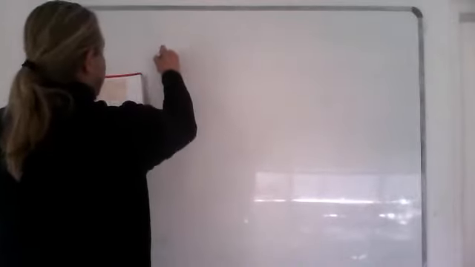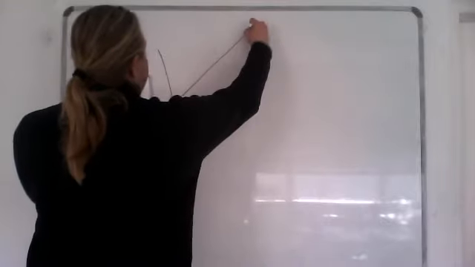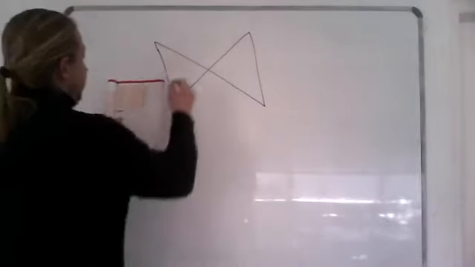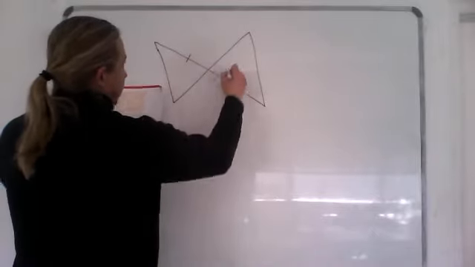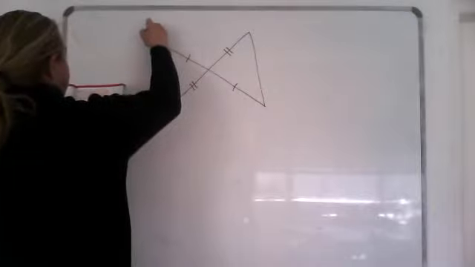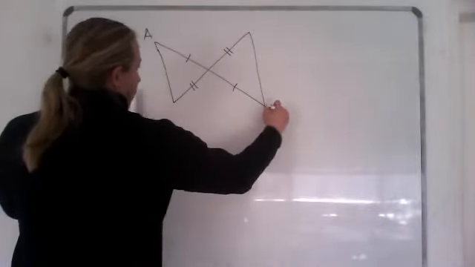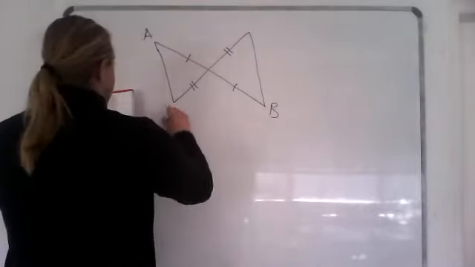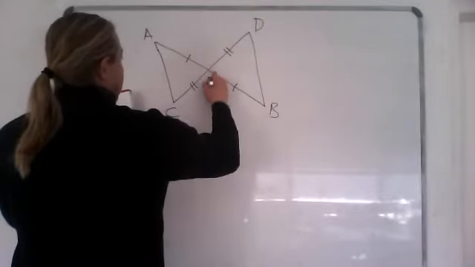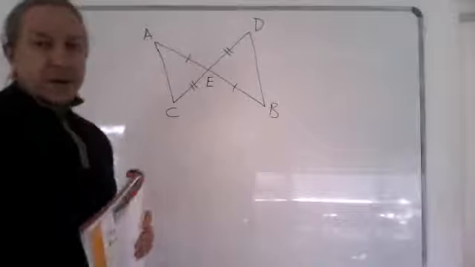So we have essentially 2 triangles that are kind of doing this. They say that this equals that, and this equals that, and we have A, B, C, D, and E. This is the diagram that they give us.